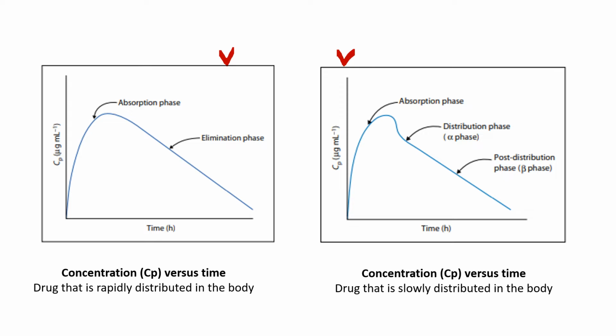The concentration of the drug increases with time, reaches a peak, and then gradually declines. However, in the second graph, the rise in drug concentration is gradual, but the decline is not smooth. This is because the process of distribution and elimination is not straightforward. We'll learn about that in our next classes.